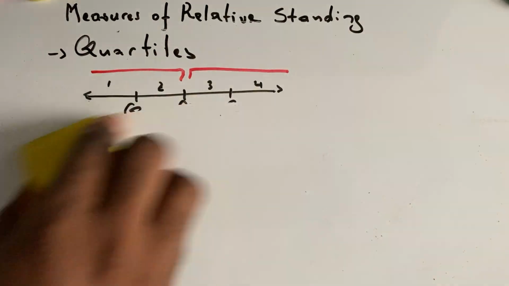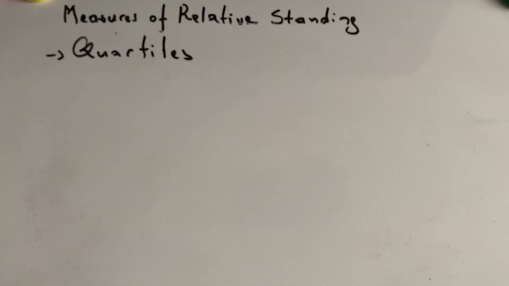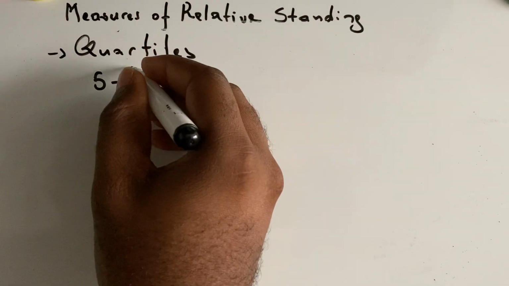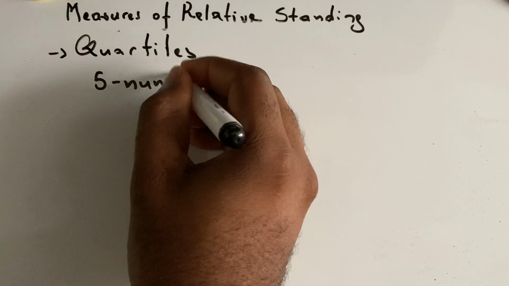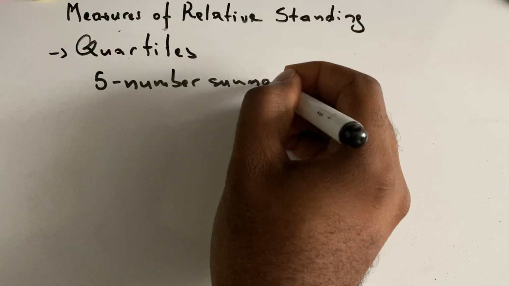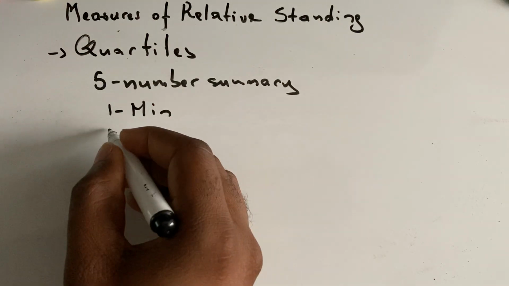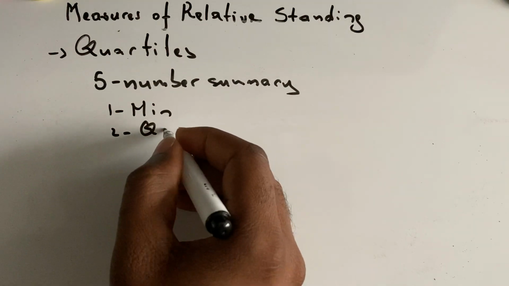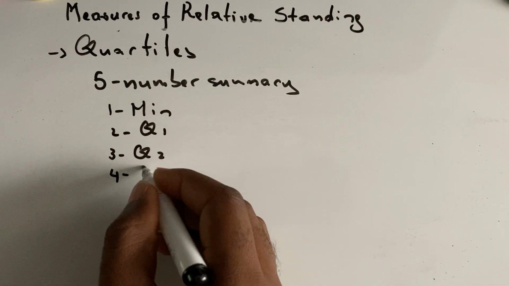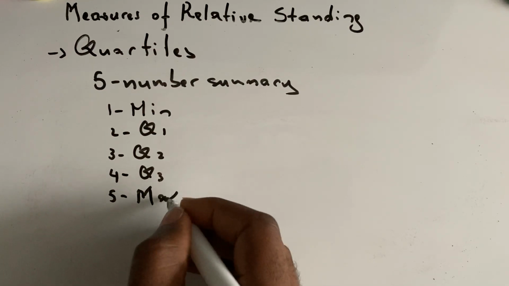And guess what? These are what you use to answer a question about what we call the five number summary. Number 1 will be the minimum value, number 2 will have Q1, 3 will have Q2, 4 will have Q3, and 5 will be the maximum, which you can get all from the data set.